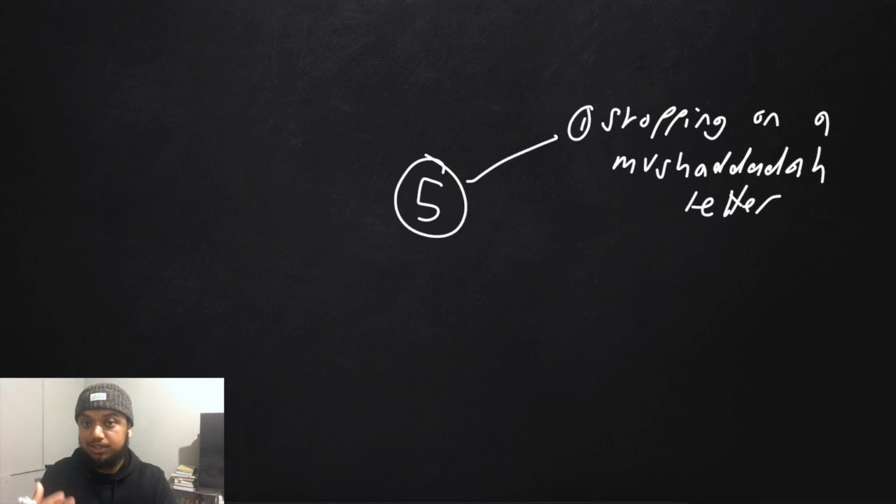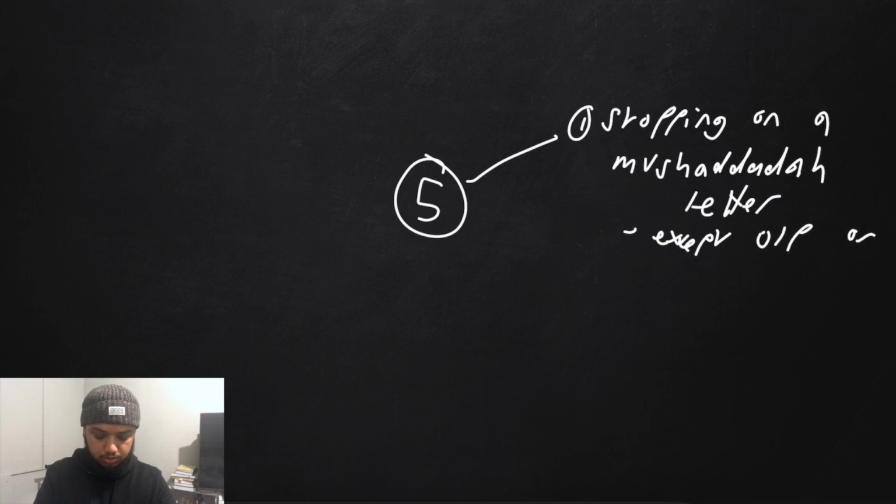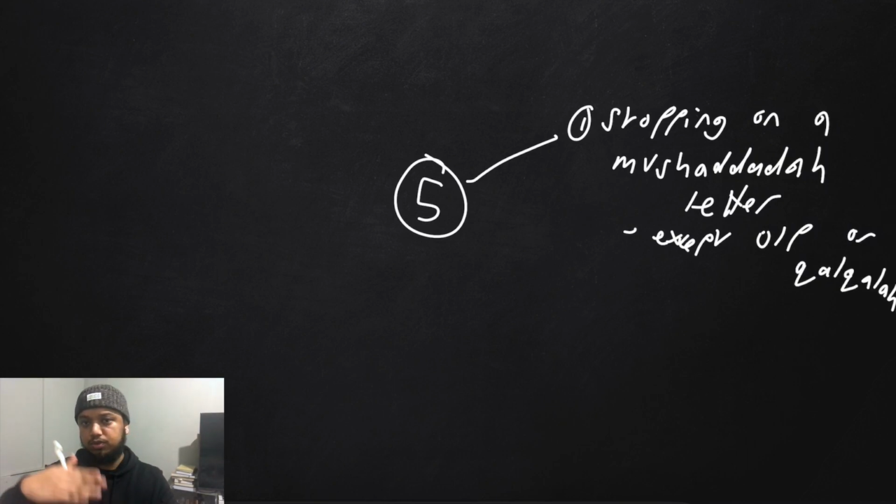So stopping on a letter that has shaddah, except noon or mim mushaddada or a qalqala letter. This is because it's already clear, because we will pronounce the gunna or we will make a very strong qalqala, we will do a qalqala kubra.